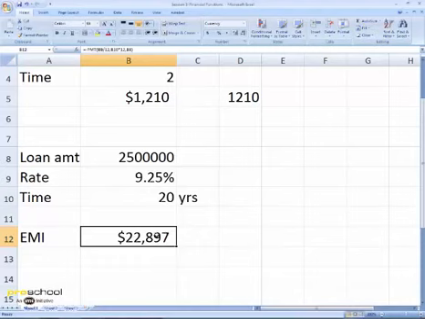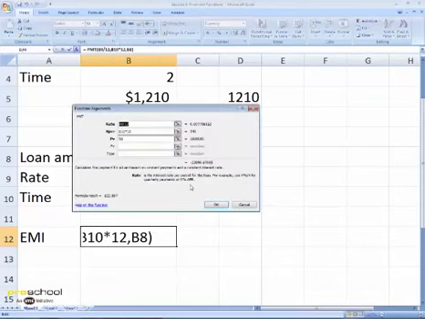What I mean is this: if you keep your cursor in the EMI cell, the calculation that you have done, go here at the top, click the FX. You will see all the function arguments. The last argument says type. Click here and it will tell you what this is all about.